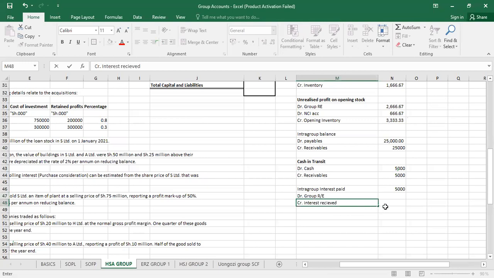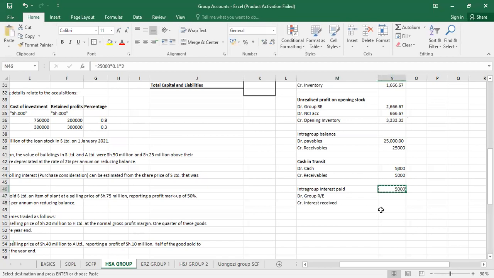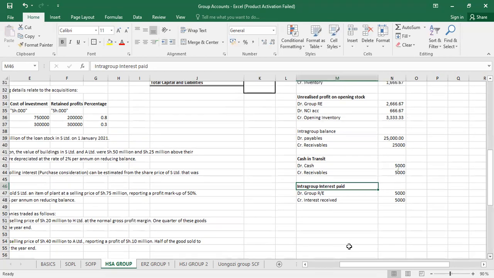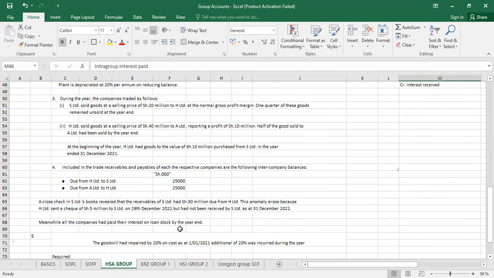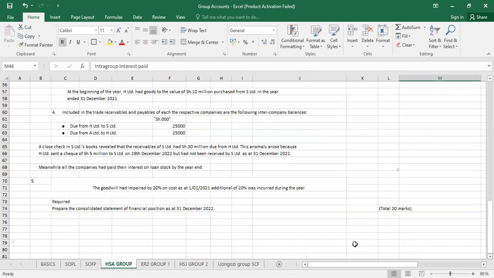If we had an income statement here, we could have interest received, but because we don't have the income statement, we're just given this one. So Control X, Control V, Control C, Control V. This one I'll embolden. Then I think we finished on the additional information. The one for goodwill we talked about, so you are at the required part.